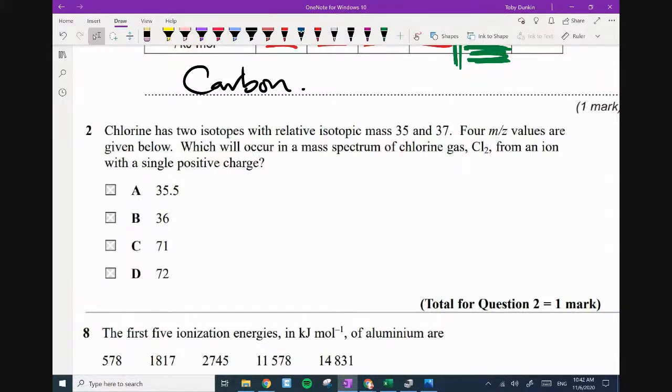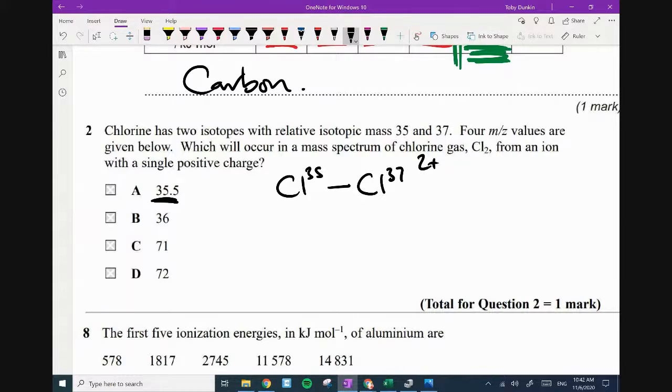So we definitely can't get Cl 35.5, that doesn't exist, but we could get that if we had chlorine 35 bonded to chlorine 37, and it was a +2. If I add that, I'm curious to know what that adds up to.